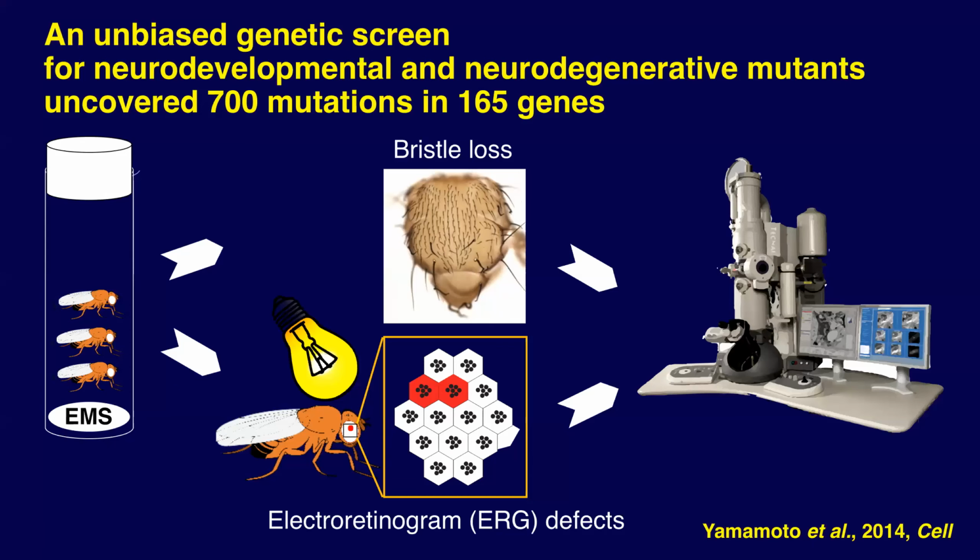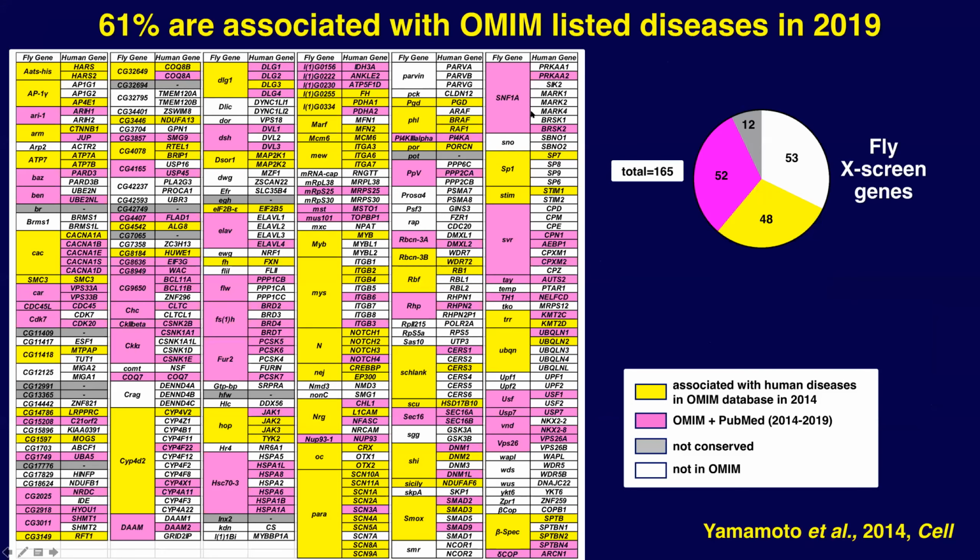By doing so, we were able to identify numerous mutations in numerous genes. We also screened for a variety of other phenotypes like bristle loss. And eventually, once we had identified a robust phenotype, we'd perform electron microscopy on most of these. This allowed us to identify 700 mutations in 165 genes that are listed in this slide.